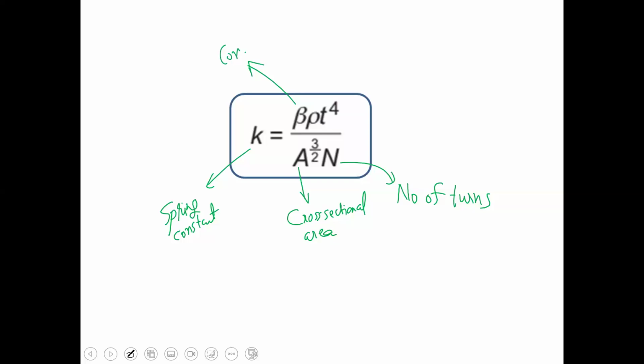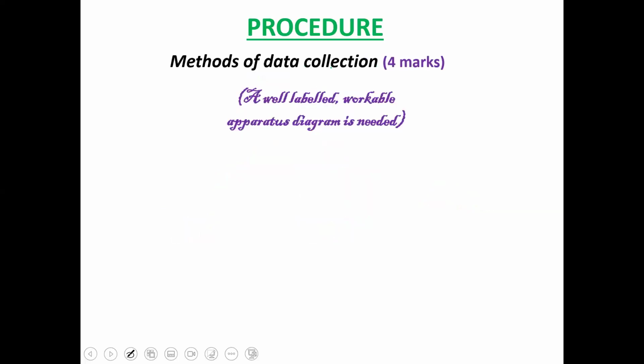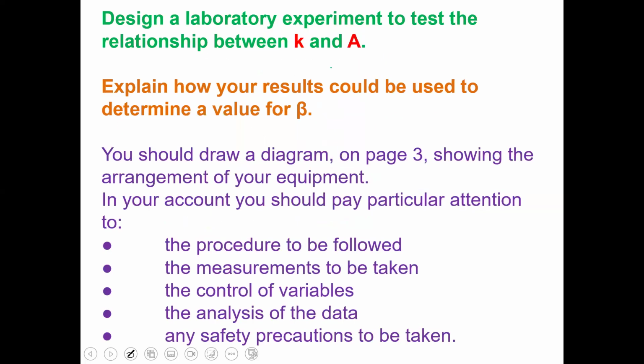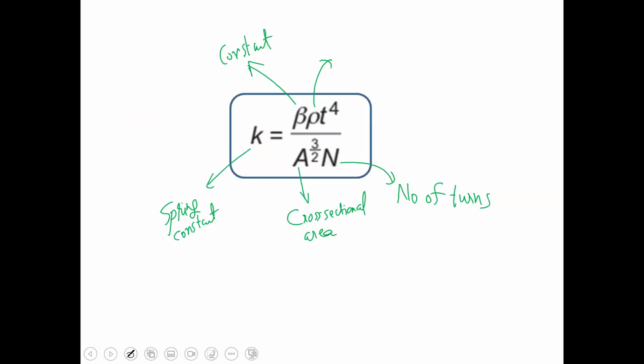This beta is a constant. What does this letter rho mean? Rho is the density. Start thinking how we can measure density. What is T?